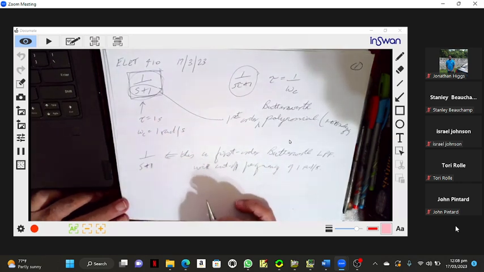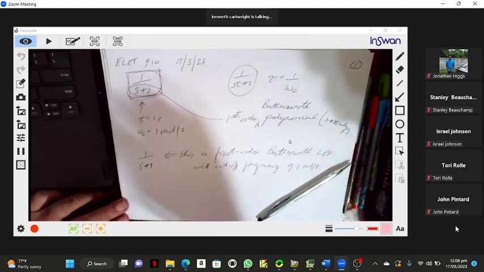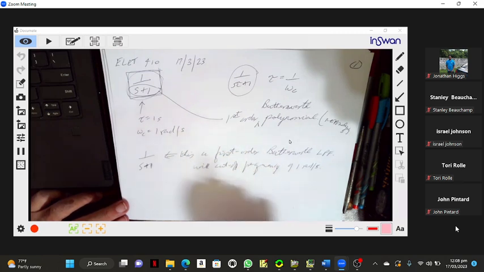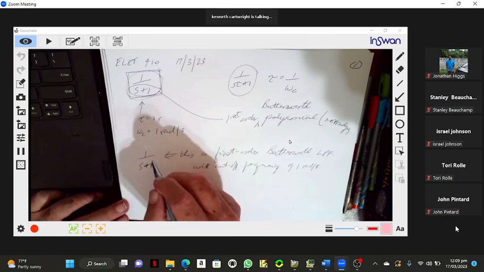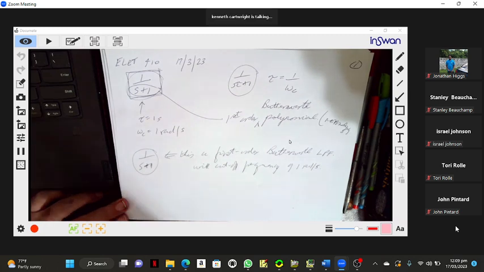This is just now new terminology for you all. What do we do to this to get a cutoff frequency of omega C, any value of omega C?